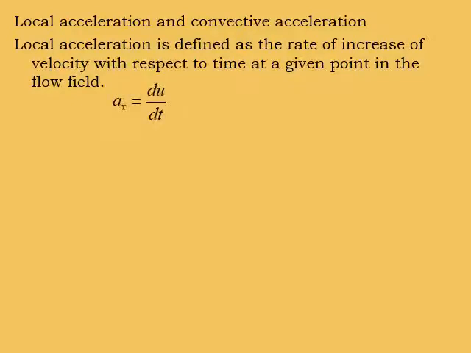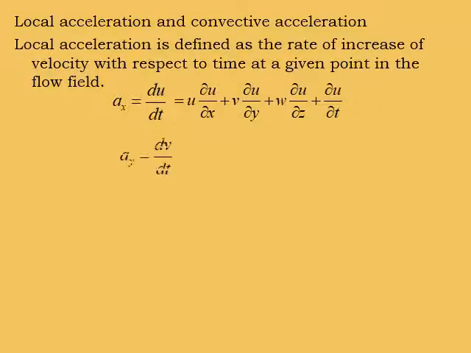So that is a of x is equals to du by dt, that is equals to u into dou u by dou x plus v into dou u by dou y plus w into dou u by dou z plus dou u by dou t. So that is the general expression for acceleration in the direction of x, considering the space coordinates as well as function of time.